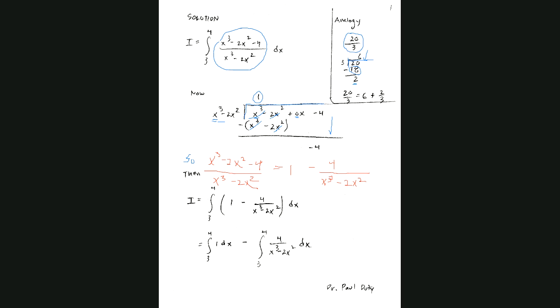Just like 20 thirds was equal to 6 plus 2 thirds, we have that x cubed minus 2x squared minus 4 divided by x cubed minus 2x squared is going to equal 1 minus 4 over x cubed minus 2x squared.